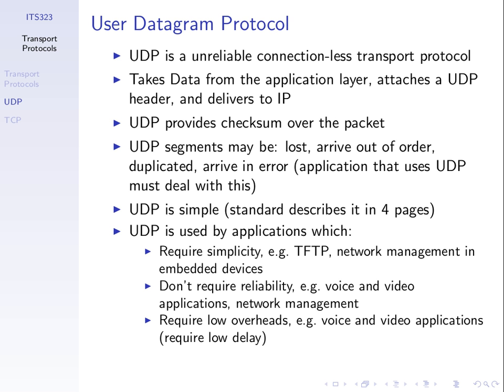Because it's simple, there are very few overheads, no retransmissions, and it works well if we want to have very low delay in communications. Again, voice and video apps. So UDP is used in some special cases.